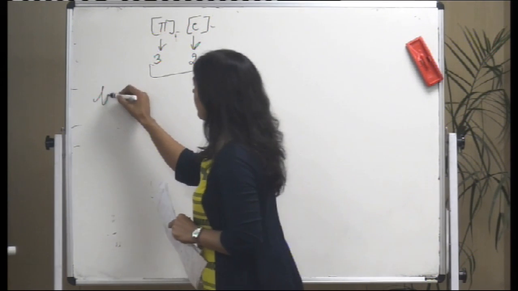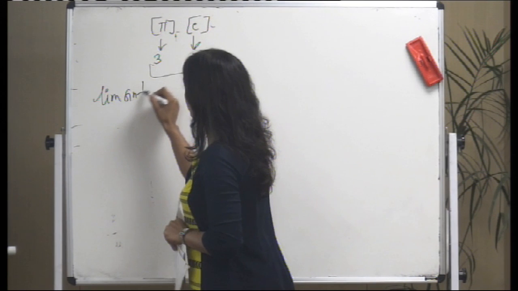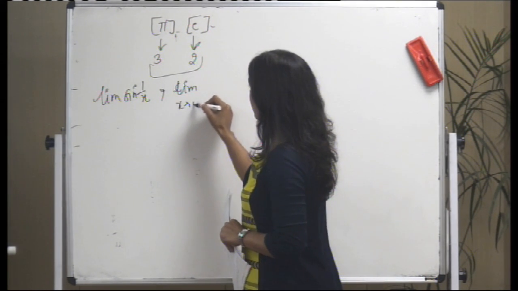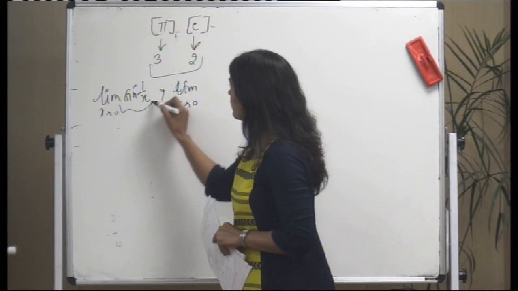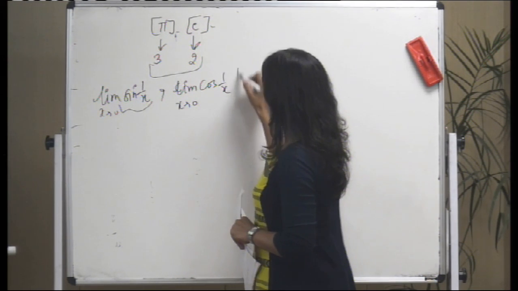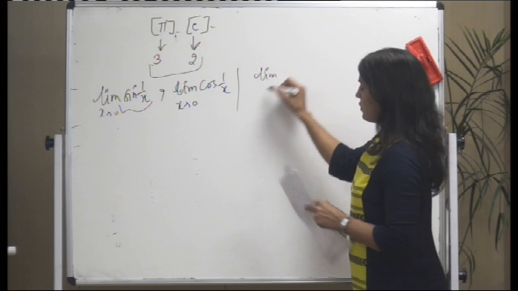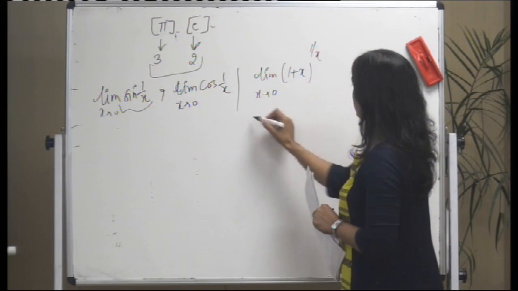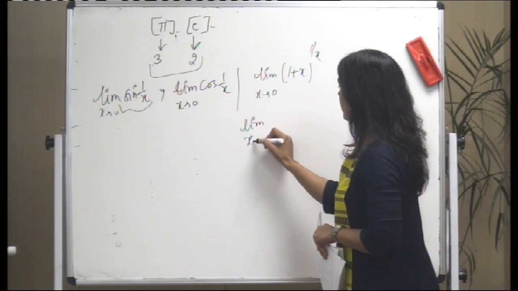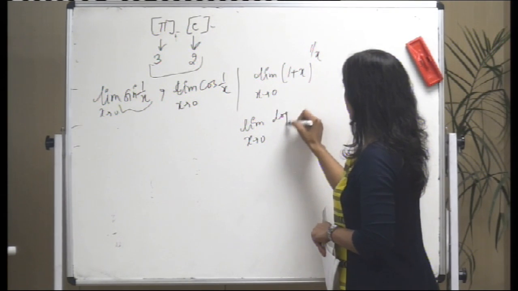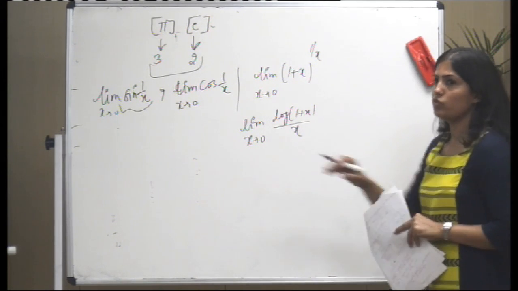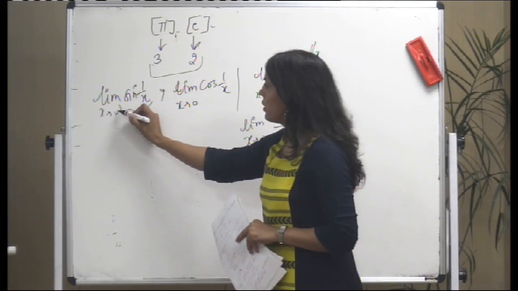Limit of this is what? Because I need these limits. Tell me the limit of this, then the limit of this. What are these answers? This is a limit you have studied.